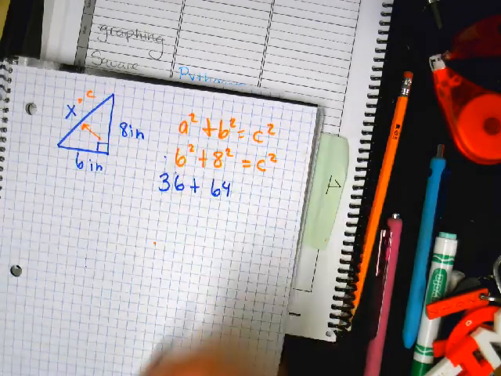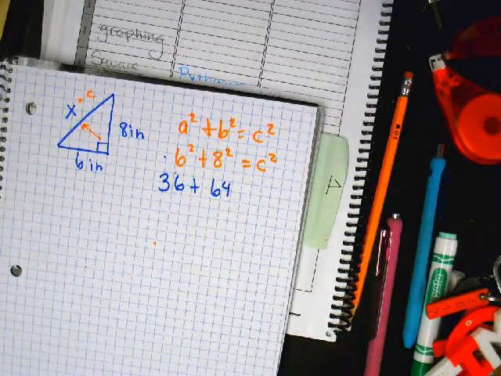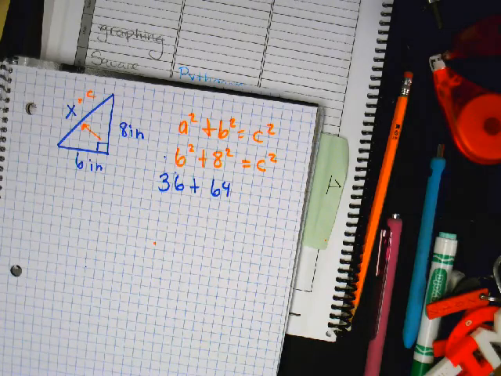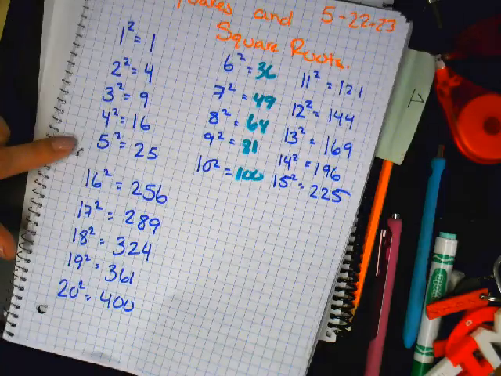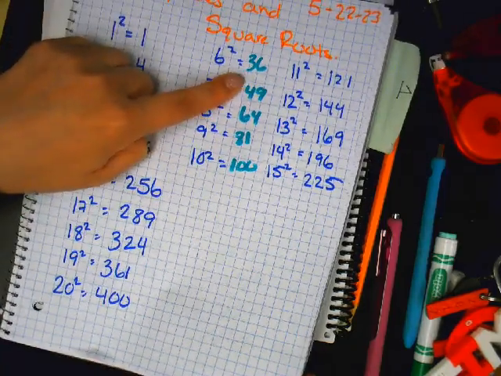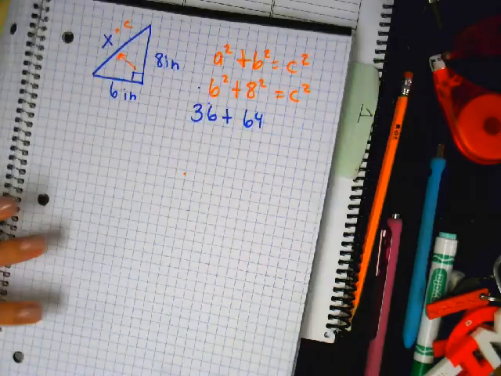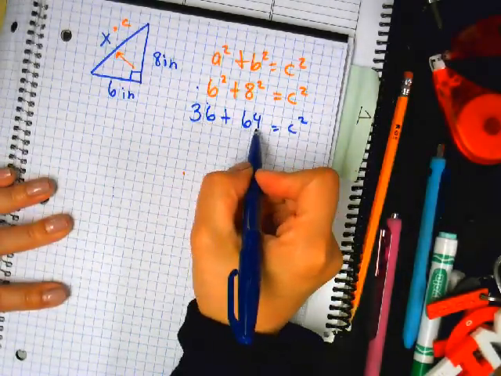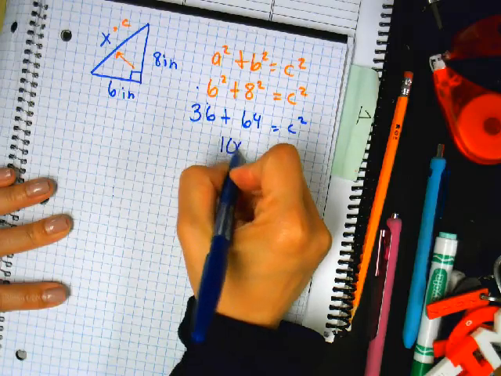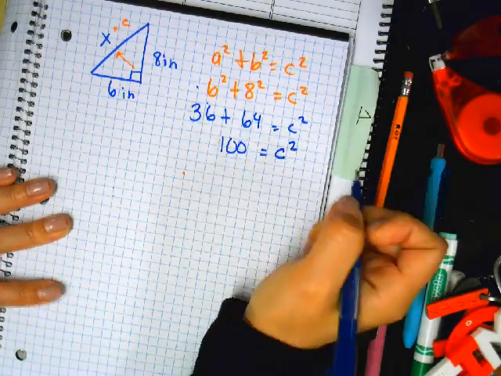You can look back at your notes, right? I'm not asking you to use a calculator. I'm saying go back to yesterday's notes and go, okay, what's 6 squared? 36. So what's 36 plus 64? 100. Okay, good. 100 equals c squared.